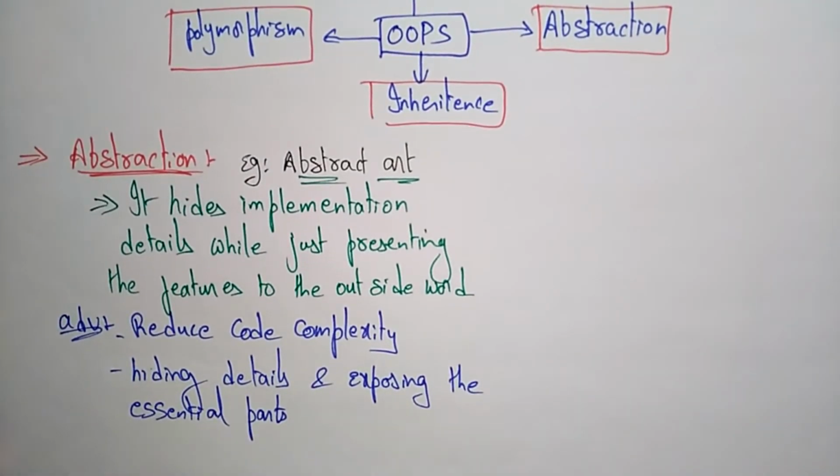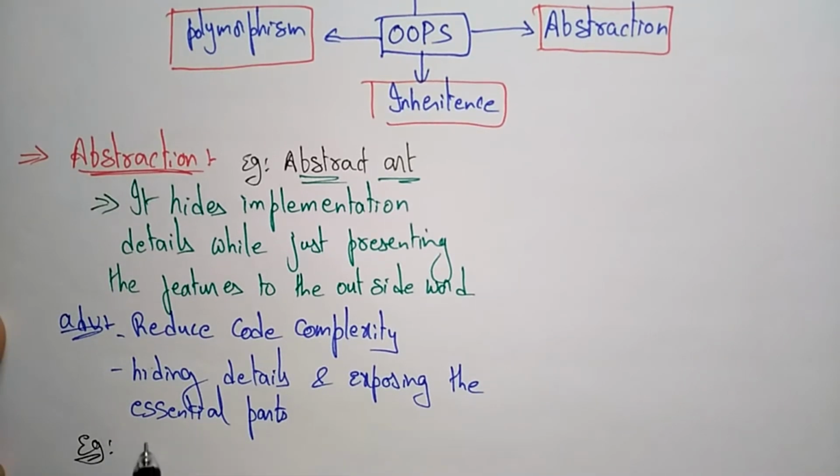So abstraction hides the details and exposes only the essential parts. I'll take one example to explain abstraction. If you take an example, a database system.